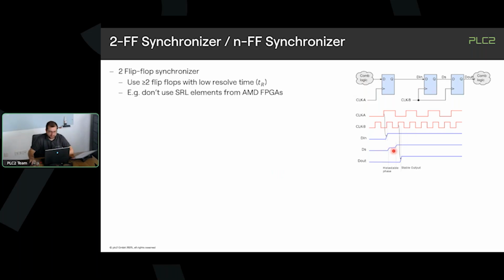That's what we see here, DS, a potentially metastable output, and then we have a second flip-flop that's capturing with the next rising edge, and in between our assumption is that the metastability settle time is smaller than our clock period.